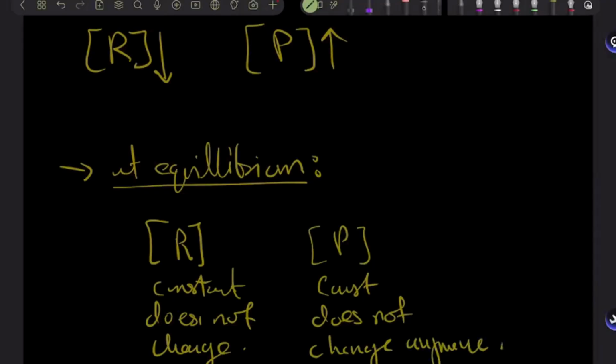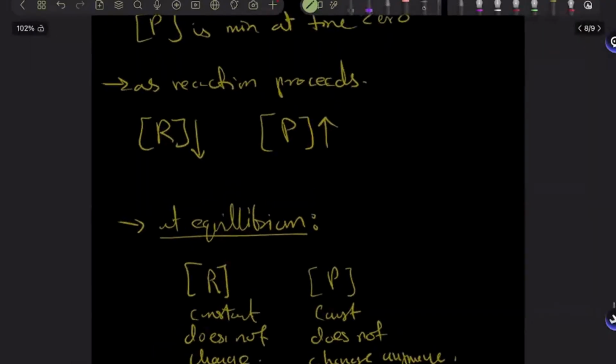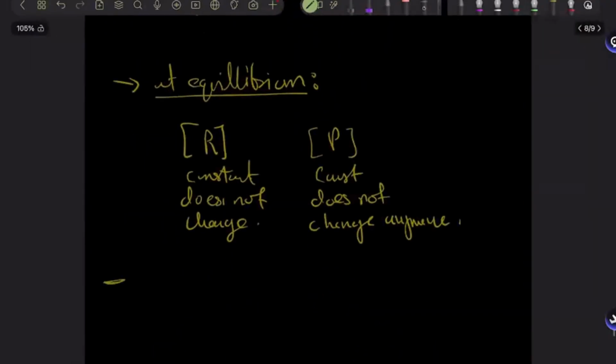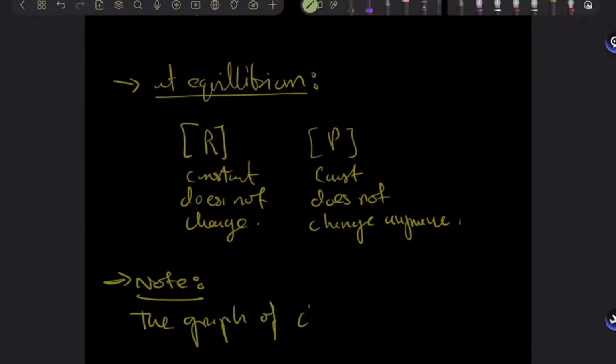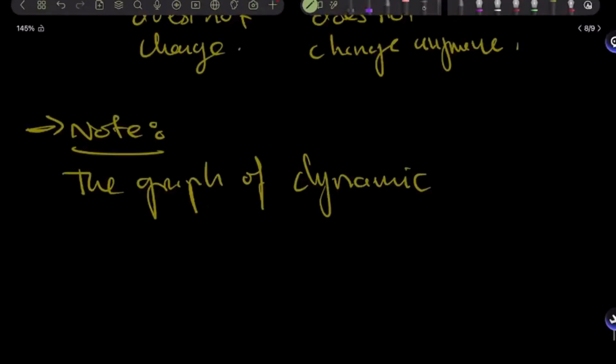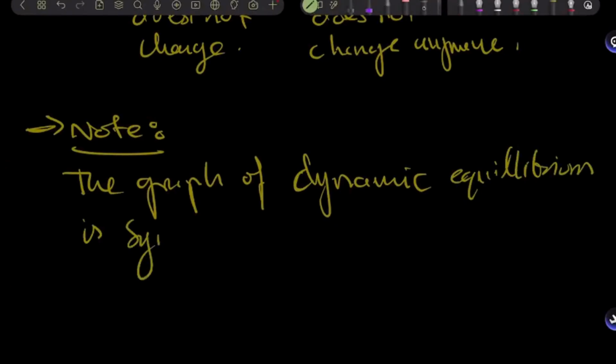All right? Are we clear? So for a dynamic equilibrium graph, let's write a note. The graph of dynamic equilibrium is symmetrical.